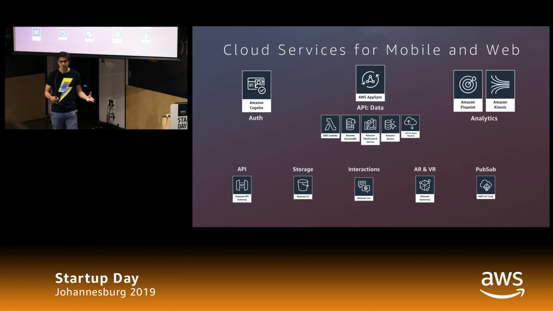Lex, we touched on before, is the ability to integrate a chatbot into your application, again, just through the command line library. If you're building anything in the augmented reality or the virtual reality space, there are libraries there that make this faster too. And with many mobile applications, you want to notify your users using push notifications, and we have the pub sub section that also works with IoT devices.